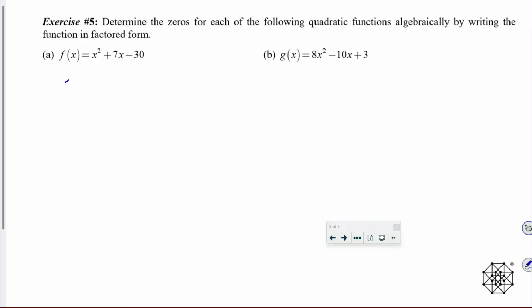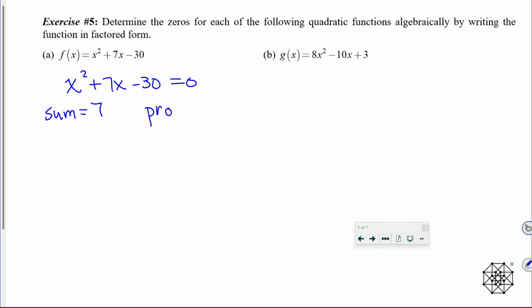So, I'm really trying to solve this equation. Whenever I'm looking for the zeros of a function, I set the function equal to 0, right? I've got a sum equal to 7. I've got a product equal to -30. What are going to be those two numbers? Those are going to be 3 and 10, but I've got to make the 3 negative and the 10 positive.